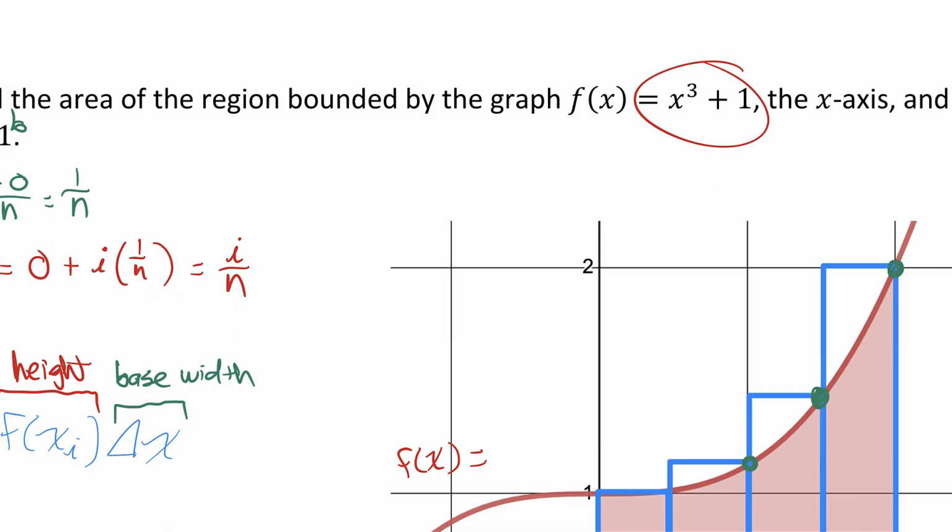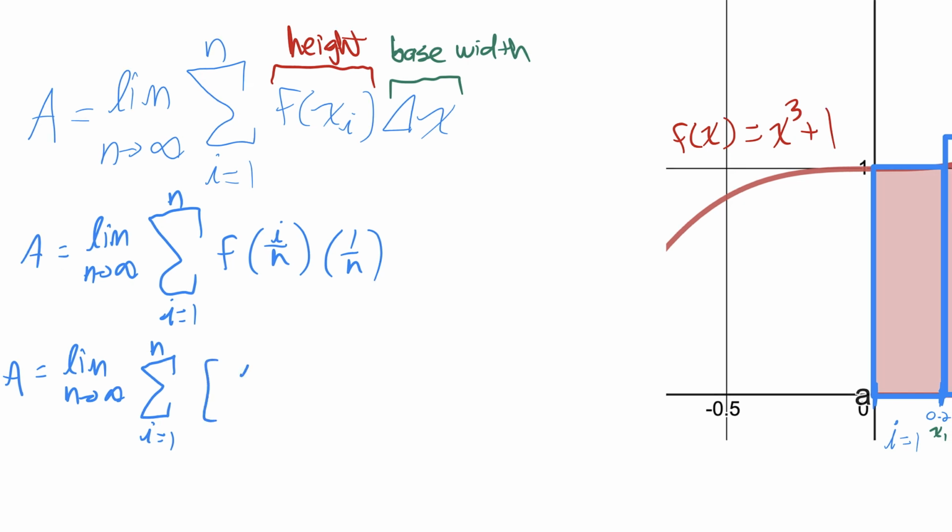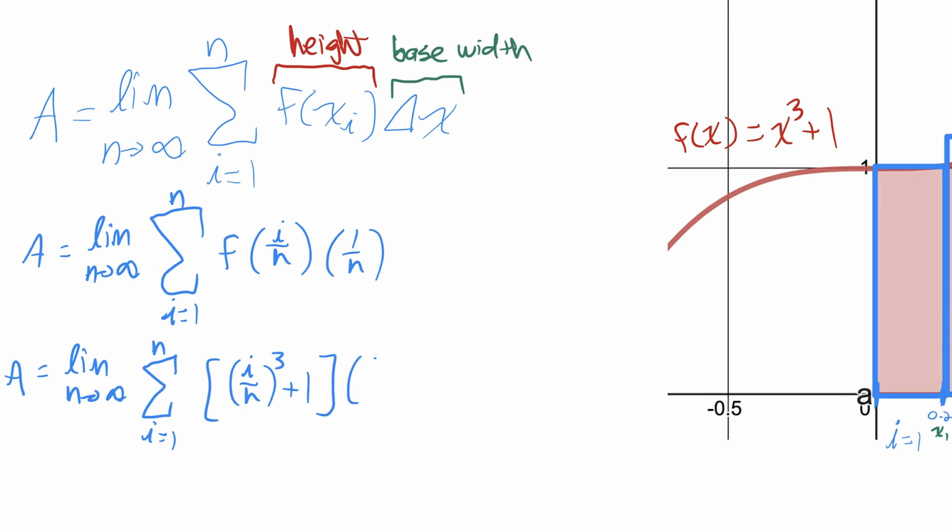It's right here. So if I want f at i over n, I just take that i over n and replace the x in x cubed plus 1 with that. So let me rewrite the limit statement and replace f at i over n with i over n cubed plus 1. And that has to be multiplied by delta x, which is 1 over n. And now it's just a matter of simplifying this formula and evaluating the limit.